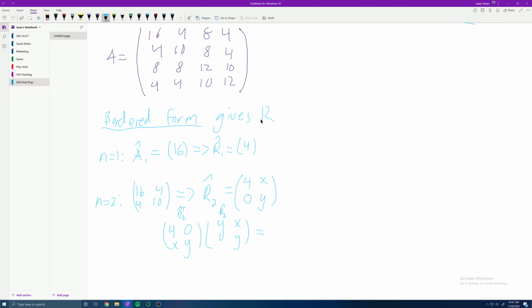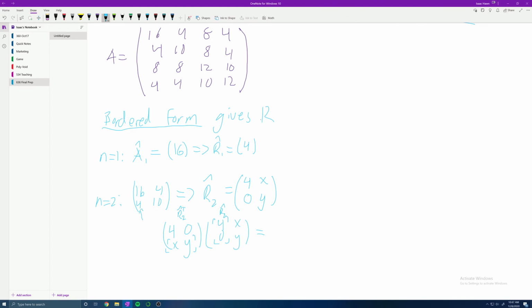So that means that x squared plus y squared equals 10, or also that 4 times x plus 0 times y is 4, right? Because when we multiply these two rows together, we get 4 times x plus y times 0, and that gives us this entry right here for matrix A hat.